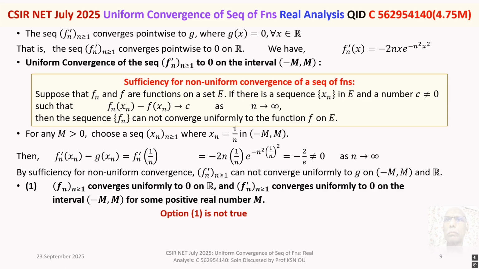Are you sure? Right. So, summarizing all the options, the answer to this question is option 2. That is the detailed discussion of the solution of a problem from the section real analysis, related to uniform convergence of sequence of functions.